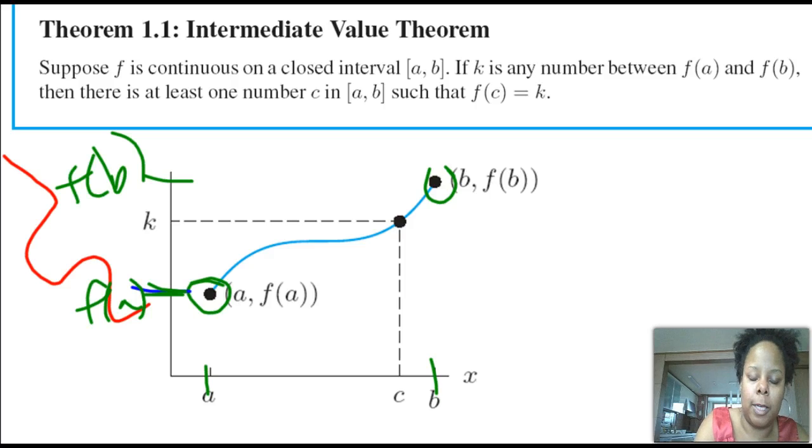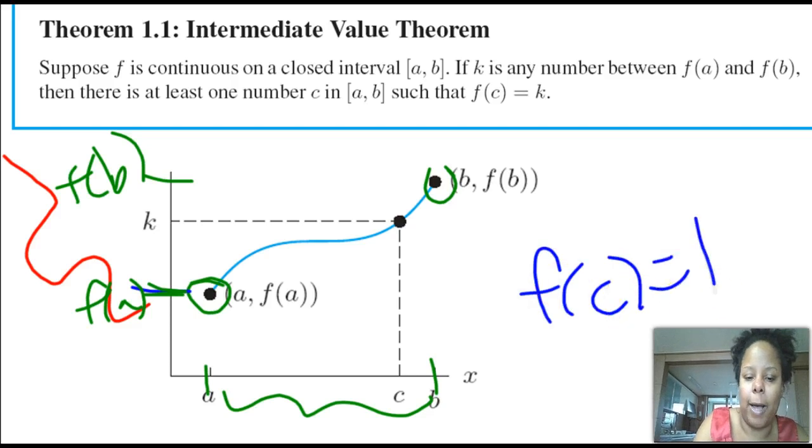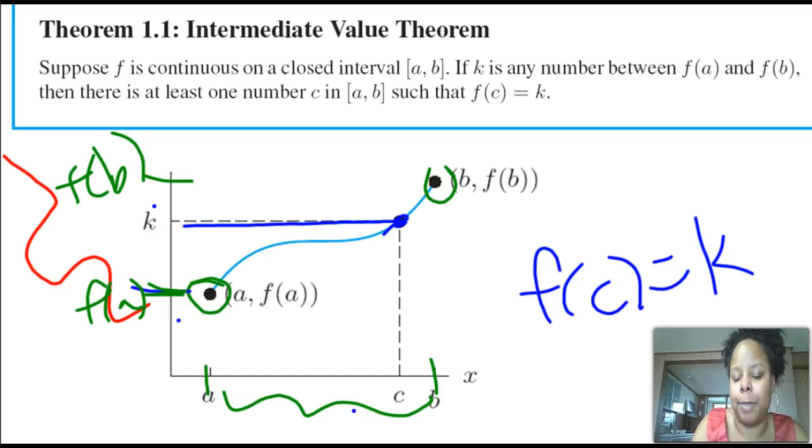Then the theorem says there is going to be some value c somewhere in this area such that f of c equals k. That will happen for any value between f of a and f of b. You're always going to find a value c in the interval from a to b such that f of c is equal to k. And if you can't do that, then the function is not continuous.